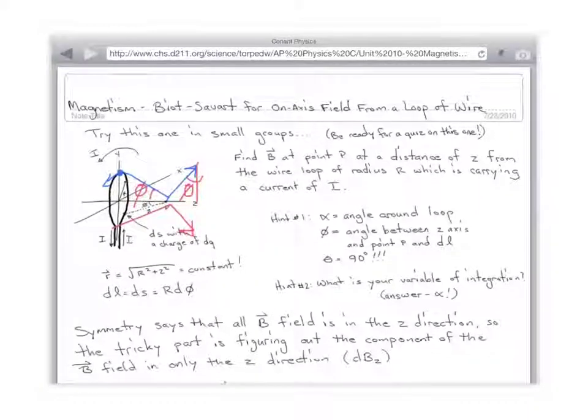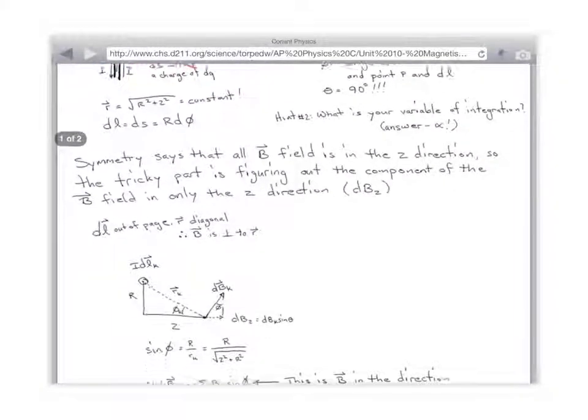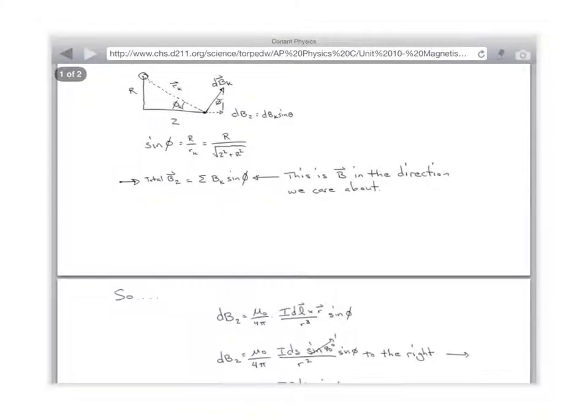So what I have set up here is the basic equation. The field in the z direction from a particle is mu naught over 4 pi, the Biot-Savart Law, I dL cross r over r cubed times sine phi, where phi is this angle.